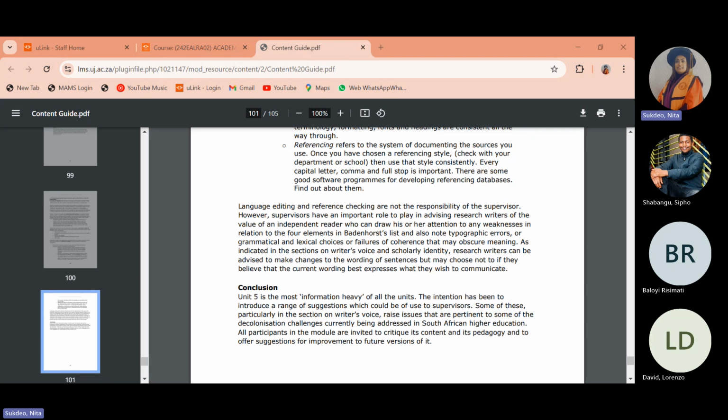Now, throughout this entire supervision process, before we end Unit 5, you need to also guide the students on all the processes that go into the final submission, starting with approval of the title, approval of the study. Then your research instrument must go for ethical clearance.